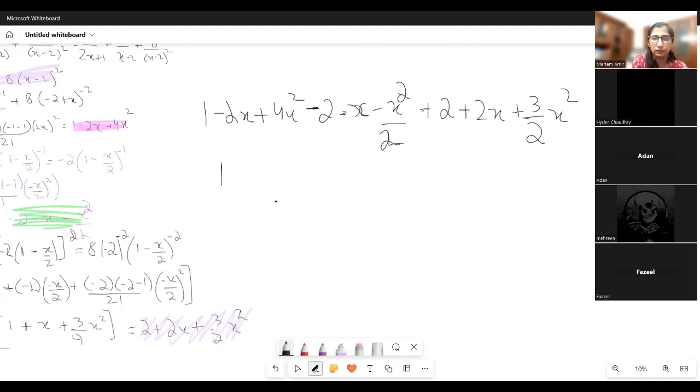So that would be minus x. Then 4x square, 4 minus half, and then plus 3 upon 2, which gives 5. So that is correct.